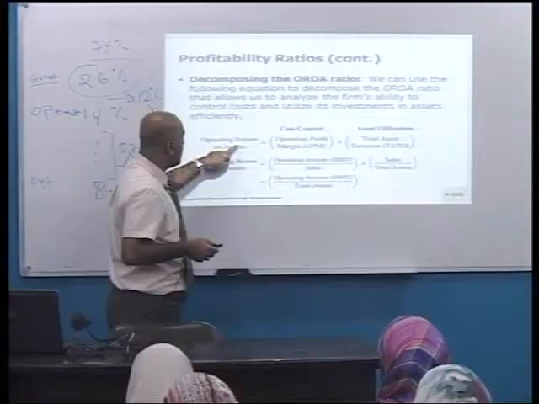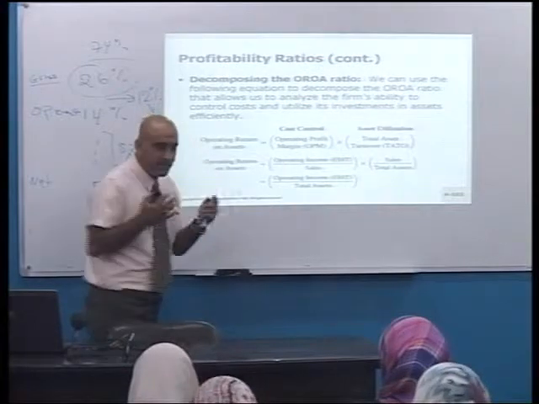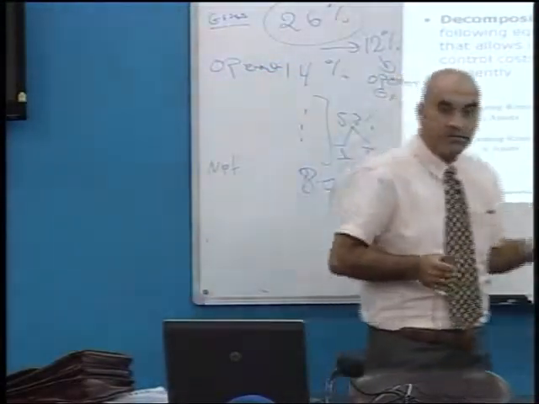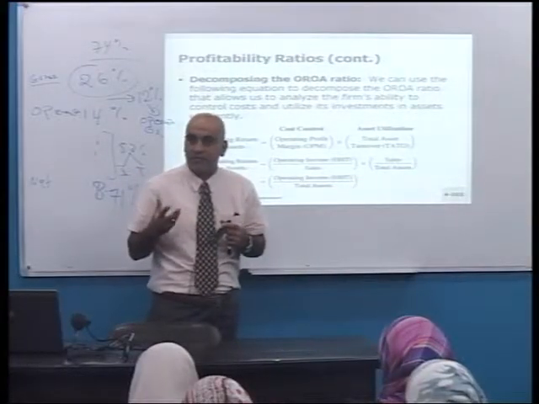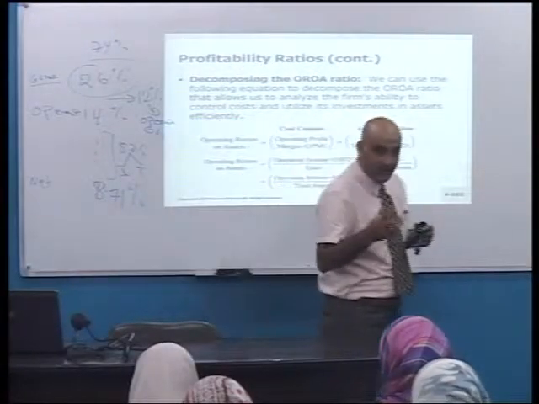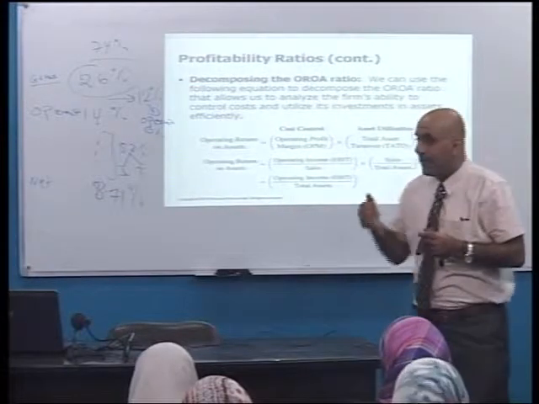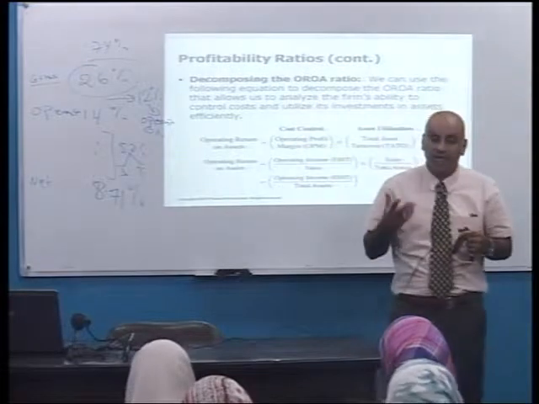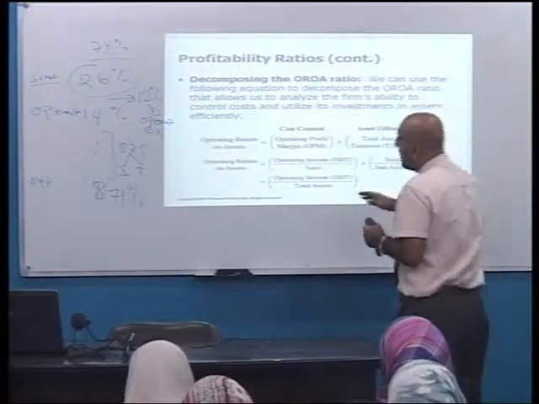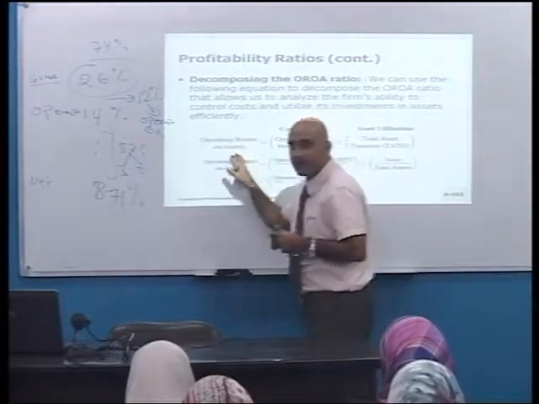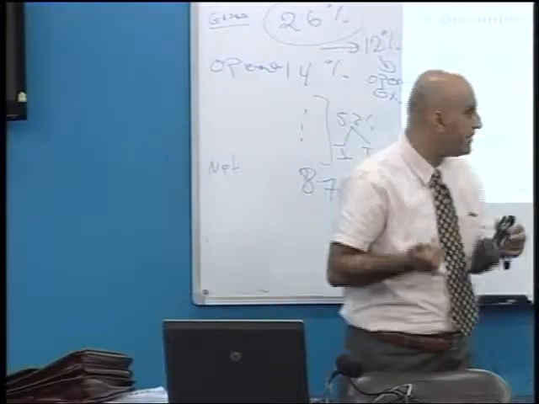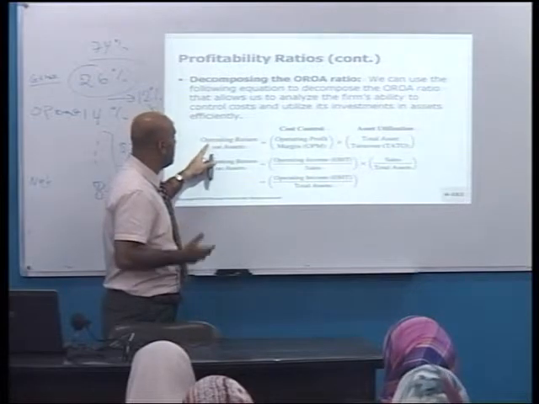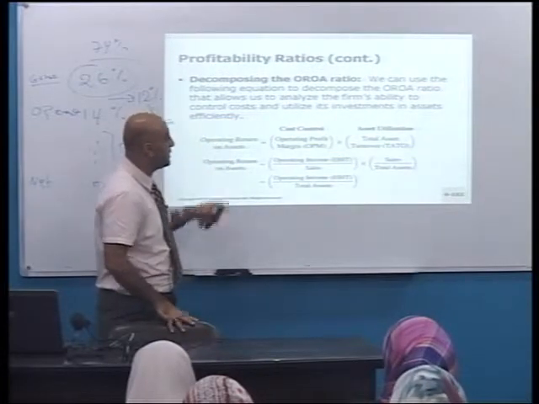So the operating return on assets combines two things: some items from the income statement, which measure the efficiency of profits, or the profitability ratios, and items from the balance sheet, which measure the efficiency of assets. So we have the profitability ratios and the efficiency ratios.